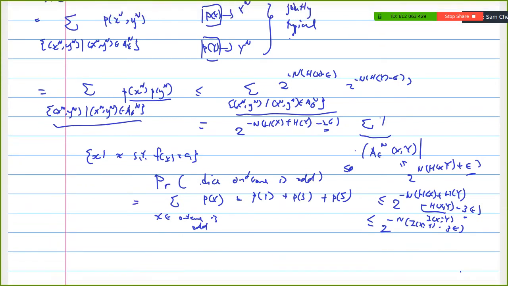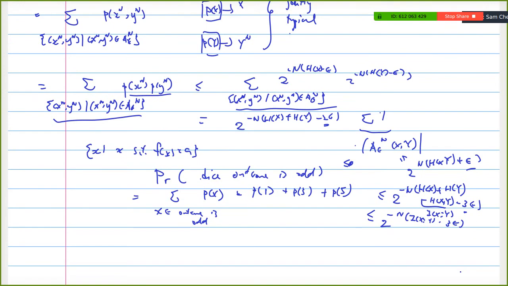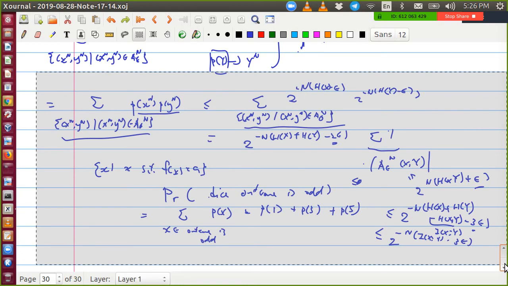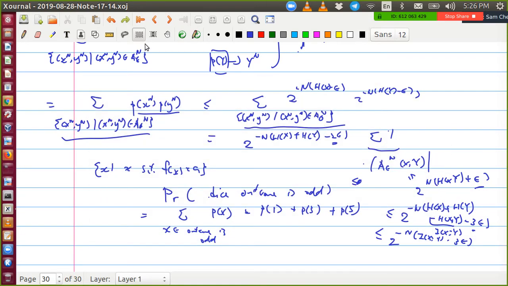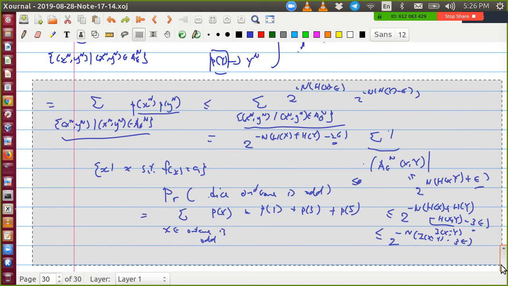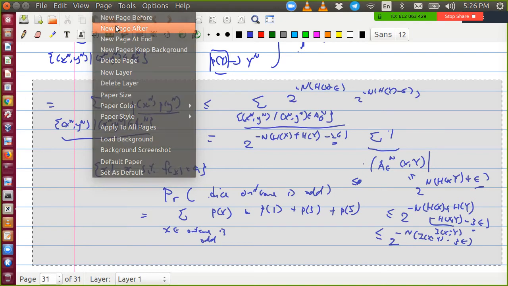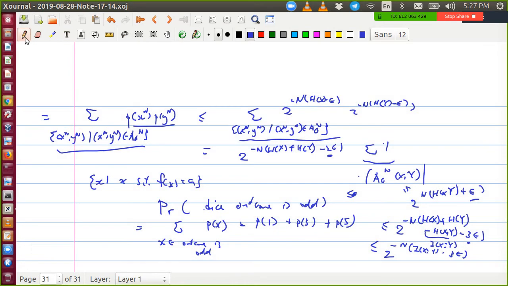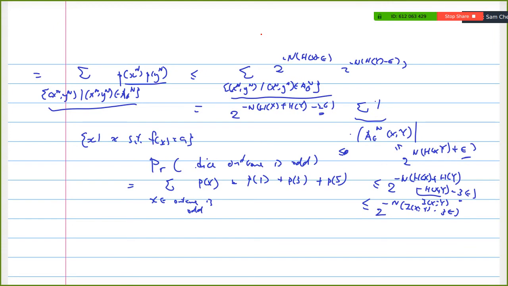So basically, let's see, we can repeat the same argument, but we just change this to the other side.